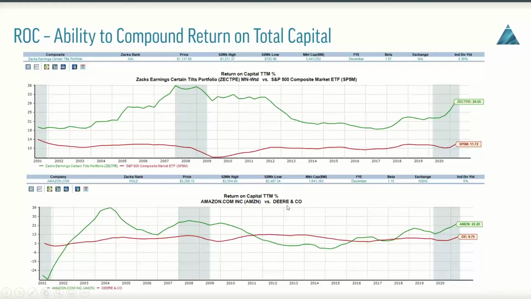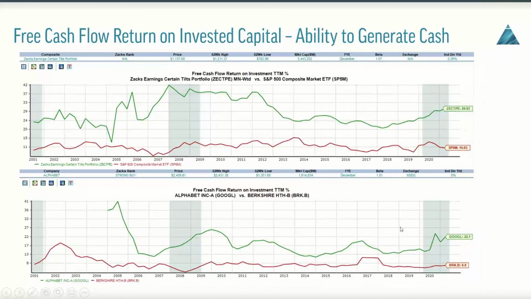Bottom panel down here, Amazon versus John Deere. Again, 2 popular names, 2 companies that are always talked about these days. And Amazon is coming in at about 2x over John Deere. Again, compounding return on total capital.